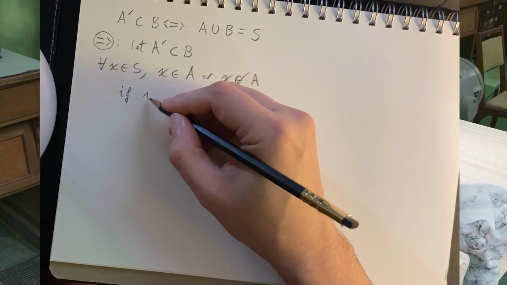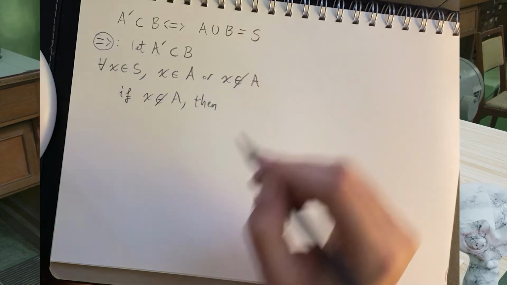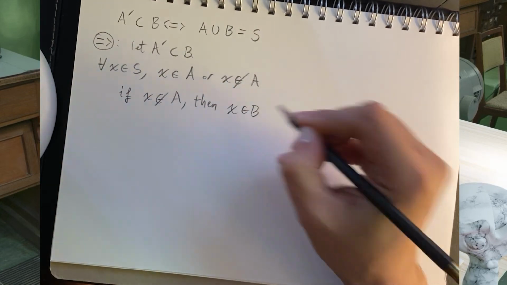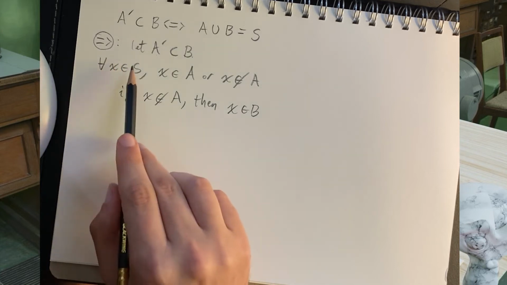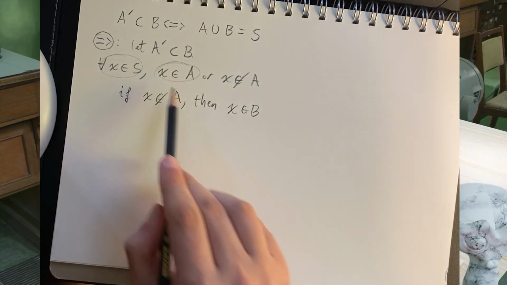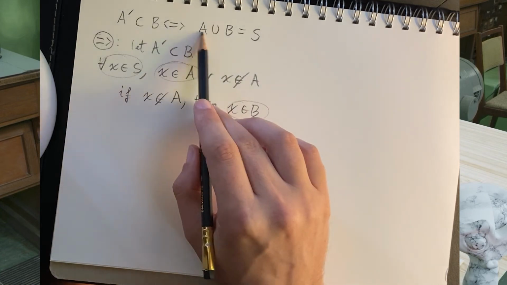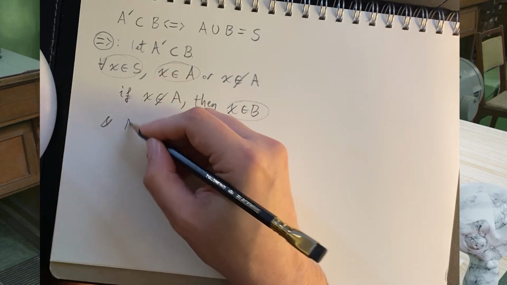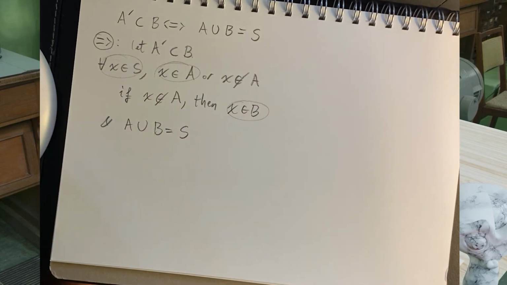Now, if that element is not in A, then because A complement is a subset of B, that element must be in B. Okay, well, then for every element in S, either it's in A or it's in B. So in other words, the union of these two will construct S. So we say, therefore, A union B holds all the points of S.